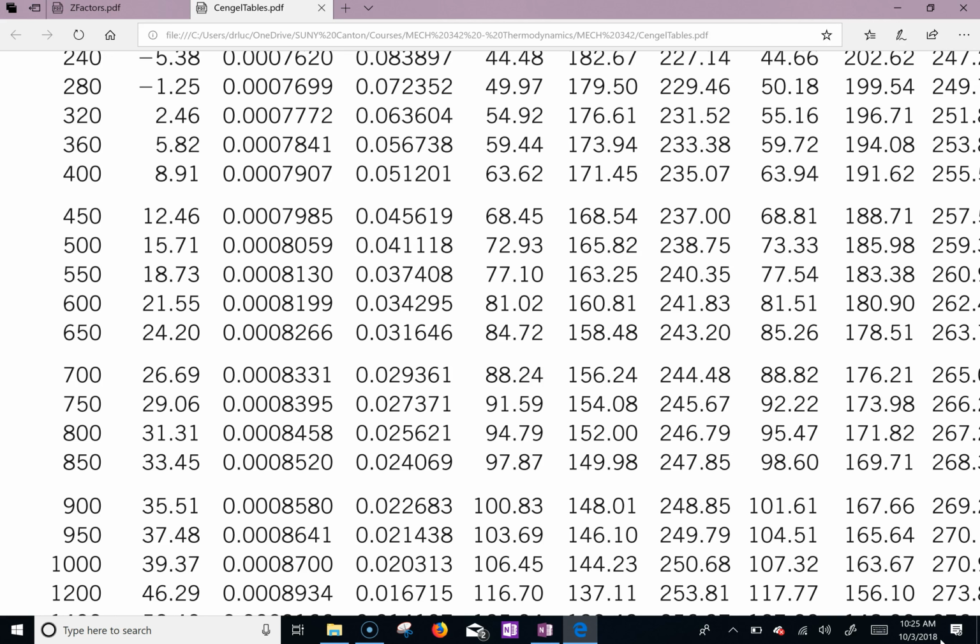Next column over would be VF and then VG. Now they don't give you VFG, but they give you HFG. They just do that because we'll talk about later why they give you HFG. Questions?